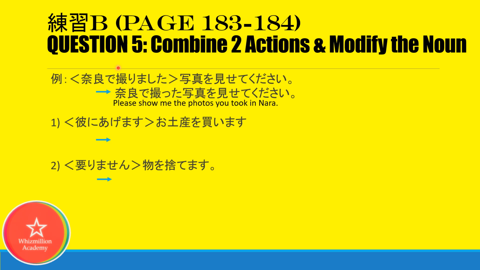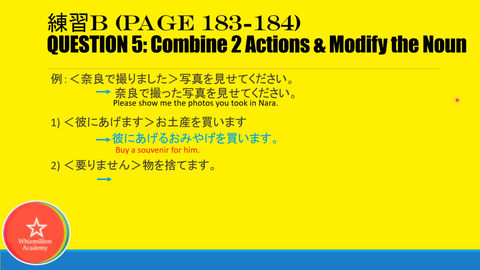So in this question 5, we are basically combining the actions, we are modifying the noun. Okay, alright, let's start with question 1. 彼にあげます。お土産を買います。彼にあげるお土産を買います。Buy a souvenir for him.